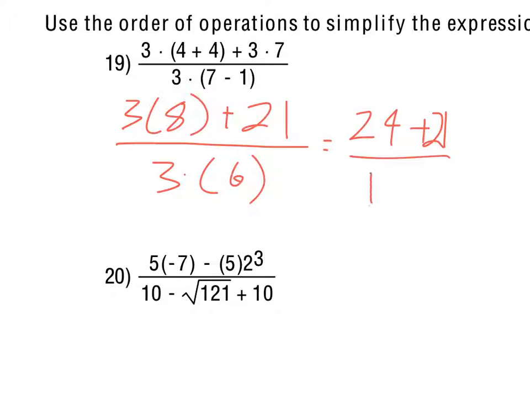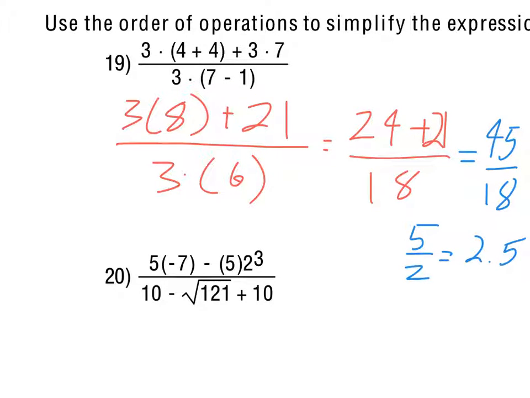And then in the denominator, 3 times 6 gives us 18. Add the 24 and 21 together in the numerator for a total of 45/18. And that does reduce to 5/2. I'm okay with the decimal 2.5 because that is exact.